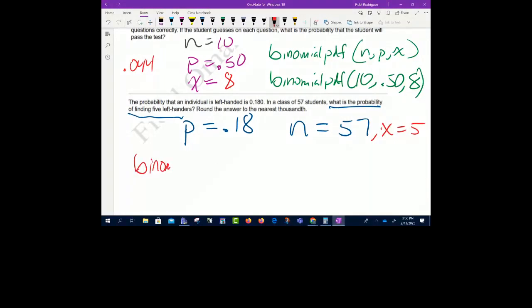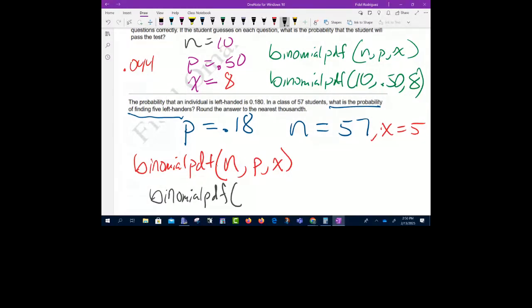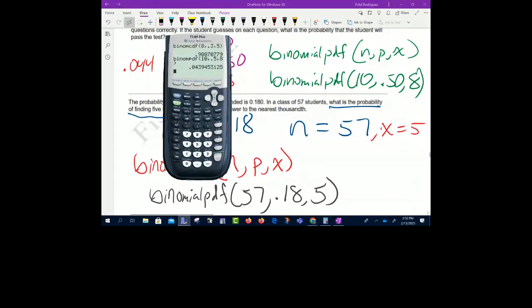So again, we're going to use binomial PDF. Remember, n, p, and x. So binomial PDF with 57 people, the probability being 0.18, and we're trying to find the probability that 5 people will be left-handed.